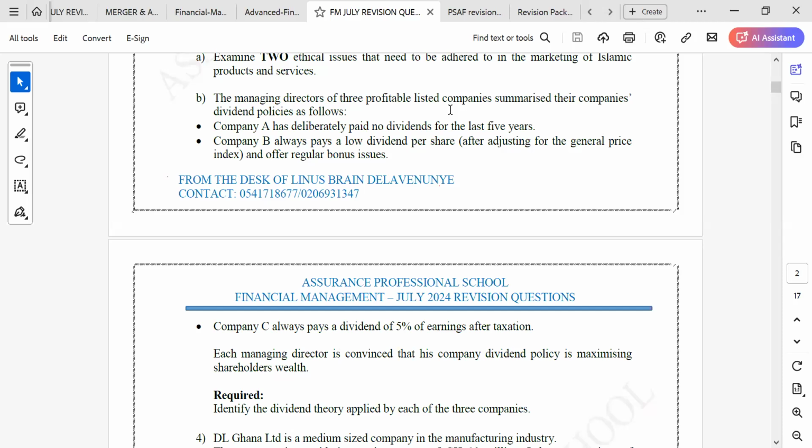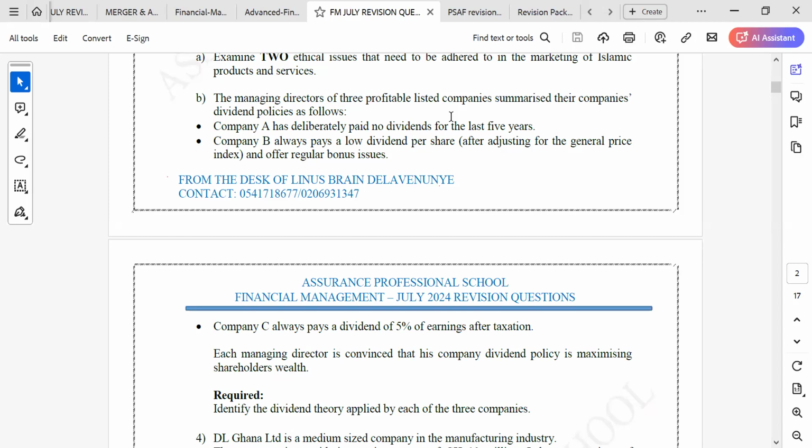Company B always pays a low dividend per share after adjusting for the general price index and offers regular bonus issues. This is residual.